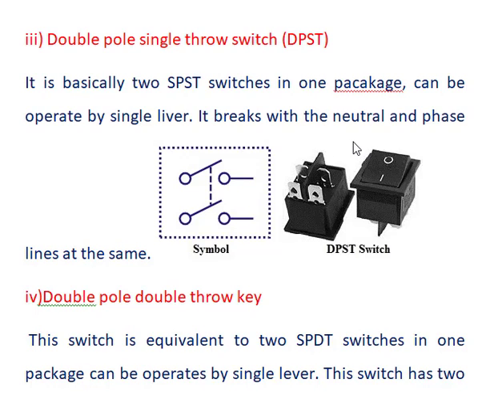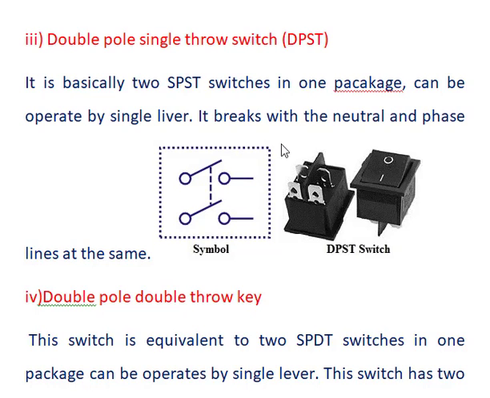In the previous switches, only the phase line alone gets disconnected. In this DPST double pole single throw switch, it discontinues and separates both the neutral and phase lines at the same time. So we have more electrical security.